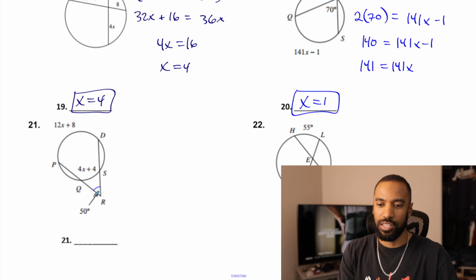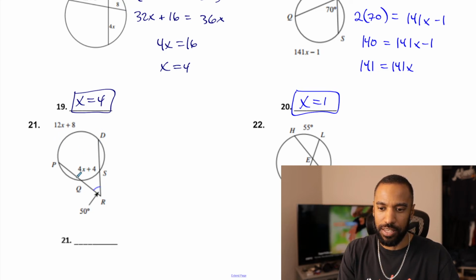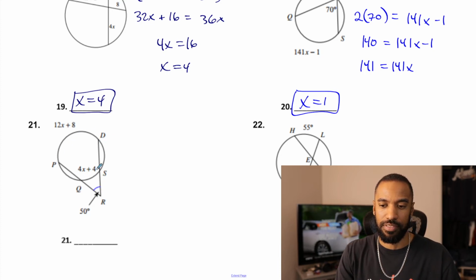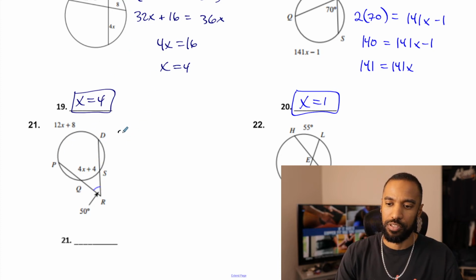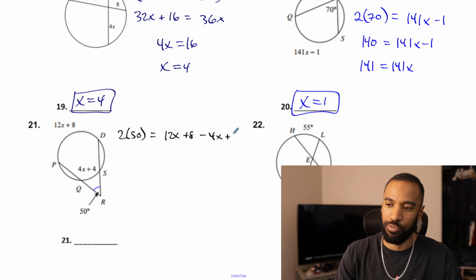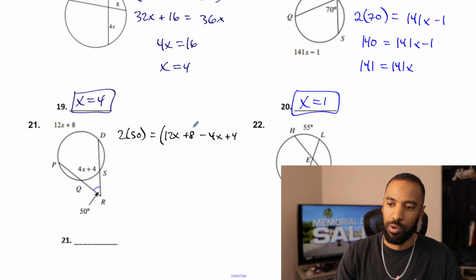Okay, this 50 is half the difference of this and that. Or if I double the 50, then I get the difference of this and that. So 2 times 50, or 100, equals 12x plus 8 minus 4x plus 4. Now, you might want to quantify these.